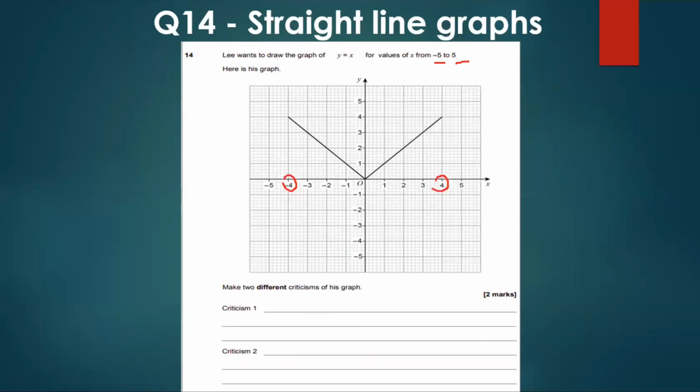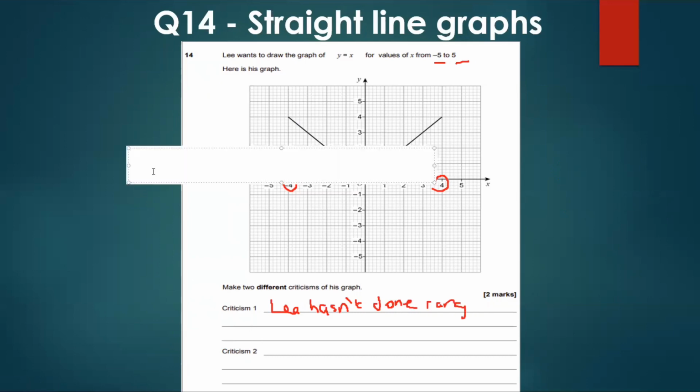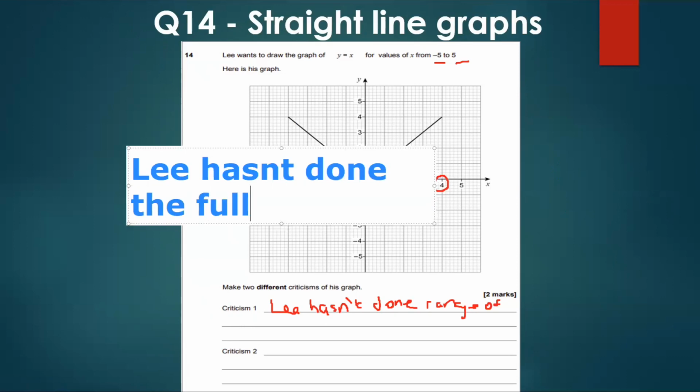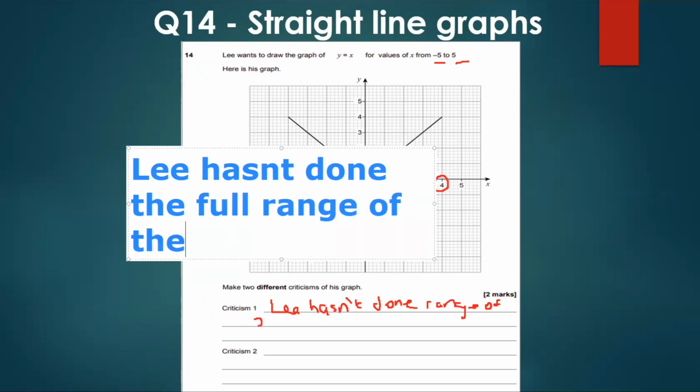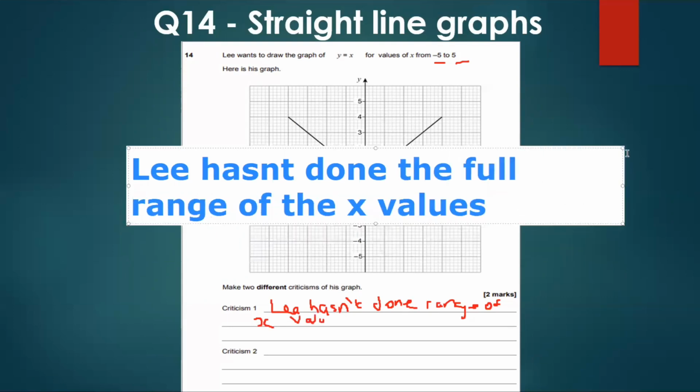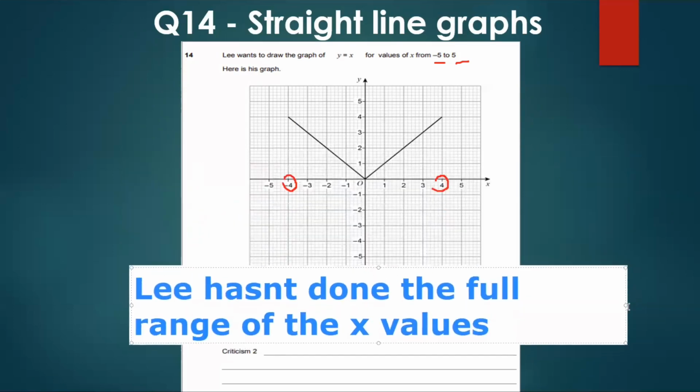So Lee hasn't done the full range of x values. Okay, so that's my answer for the first one, guys.